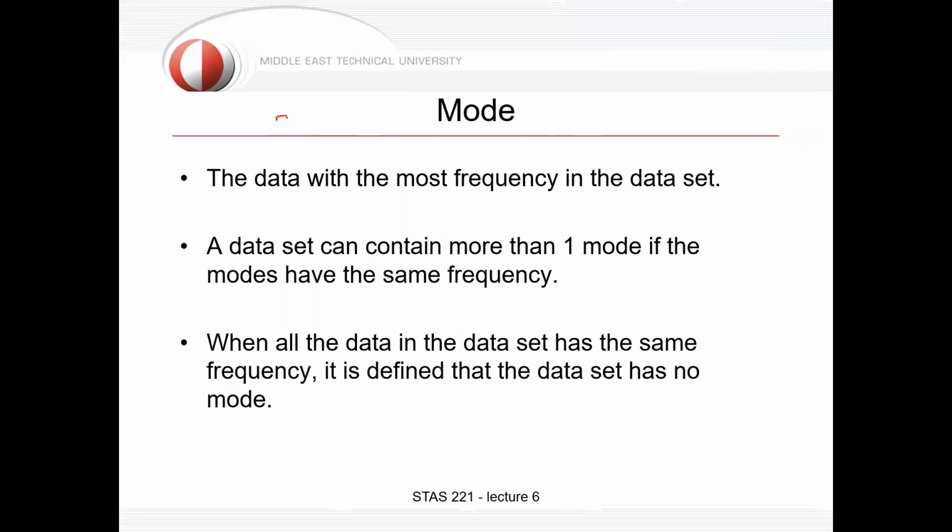Like, let's say this is our data set. Okay, so you have 7 number of data, and if I ask you what's the mode, you will find the data with the most frequency. As you can see, 5 has the most frequency.